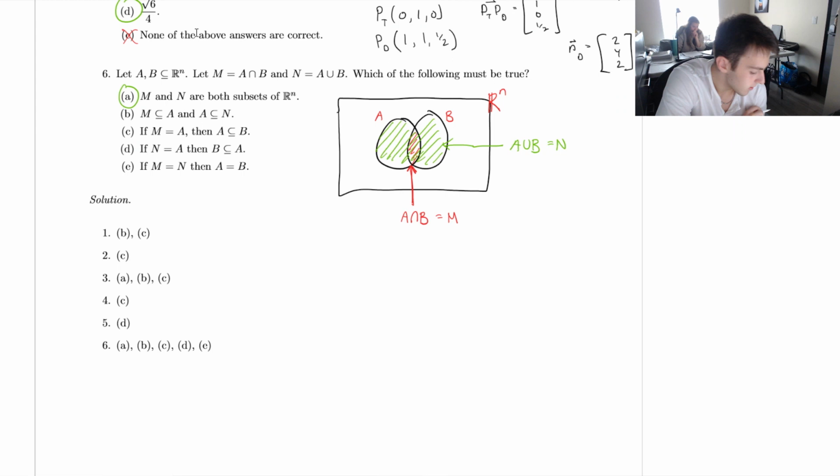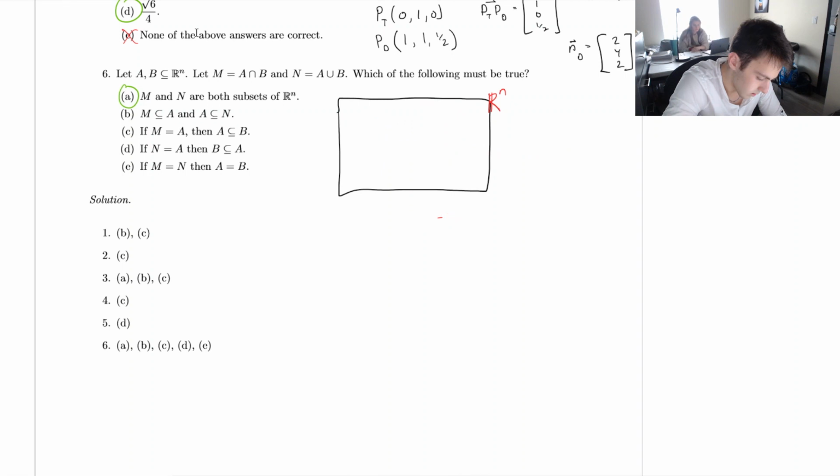Okay. M is a subset of A, and A is a subset of N. So let's look at this. It's asking us, this red area, is this a subset of A? So let me draw this again, a little bit more clearly.